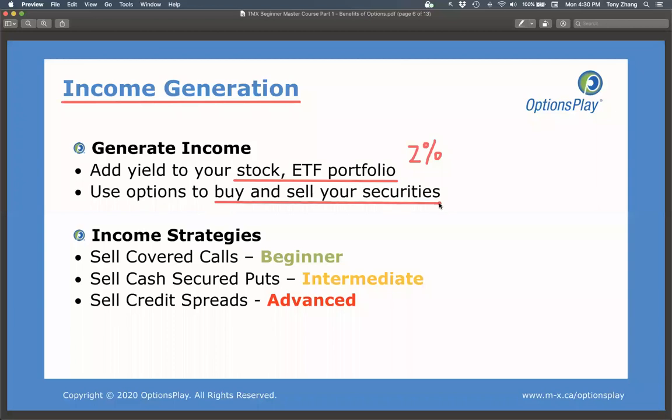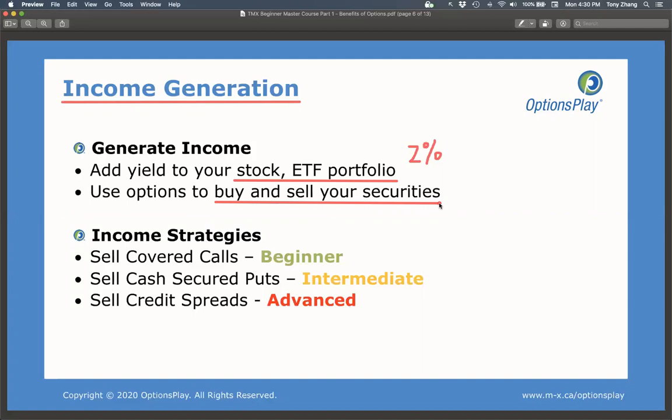But what you're going to learn in the next few weeks is that options do not necessarily have to be utilized to speculate at all. You can utilize them to buy your securities. What you'll learn is that you can buy your securities at a discount and sell your stocks or ETFs that you own at a potential profit as they rally.